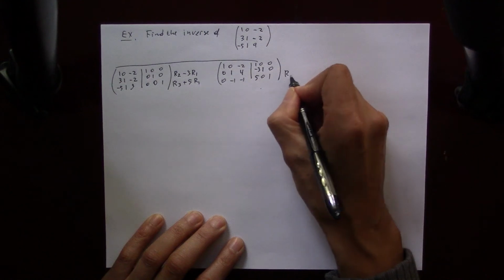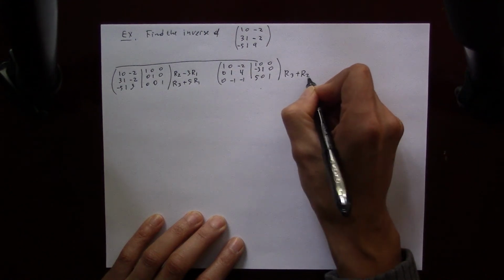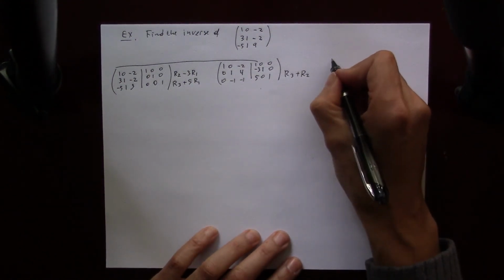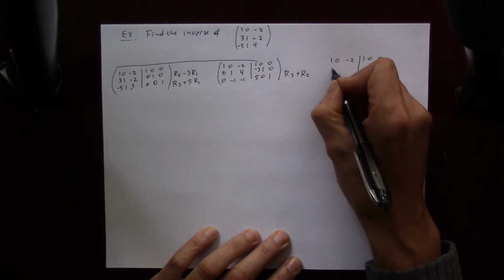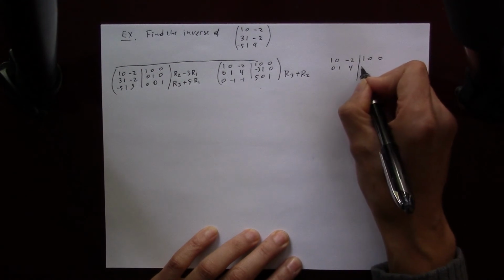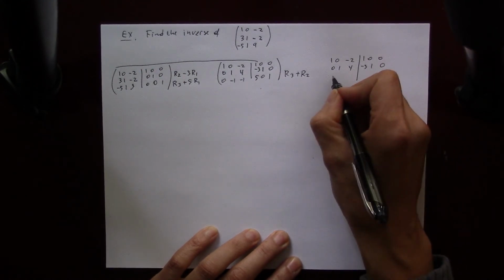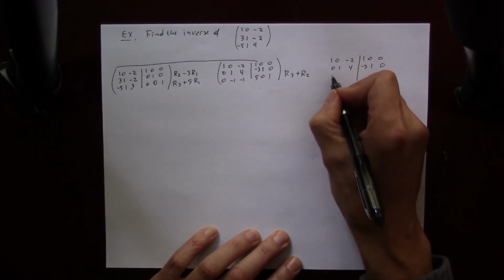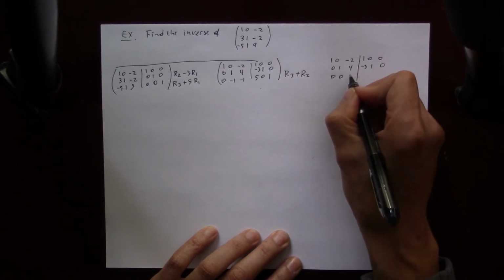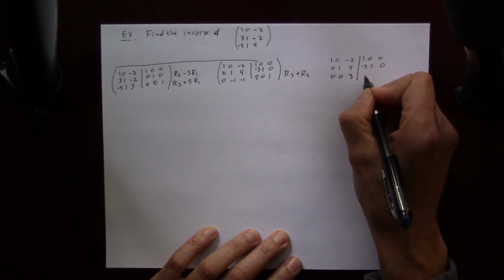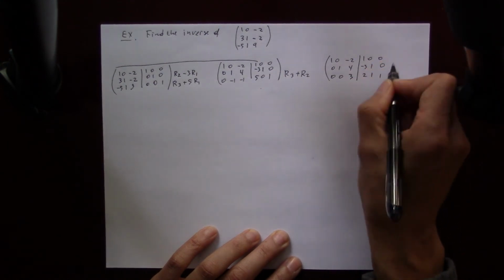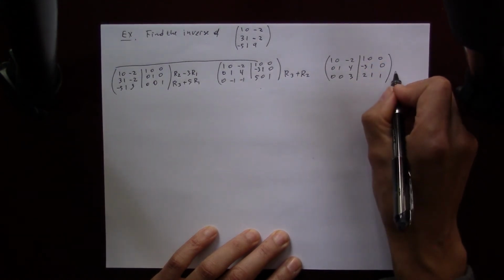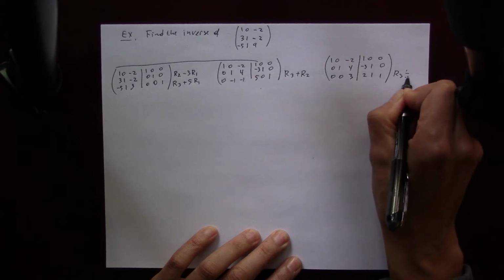So we have row 3 plus row 2. Row 1 and row 2 are not changing. We're going to get 0, 0, negative 1 plus 4 is 3, 2, 1, 1. We divide row 3 by 3.